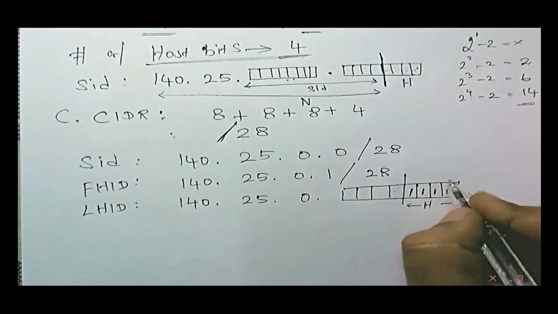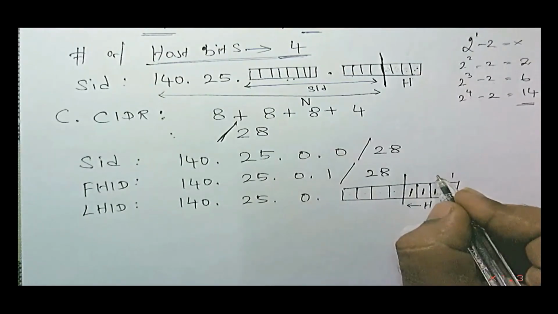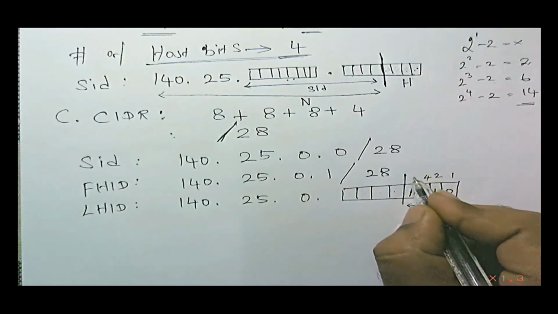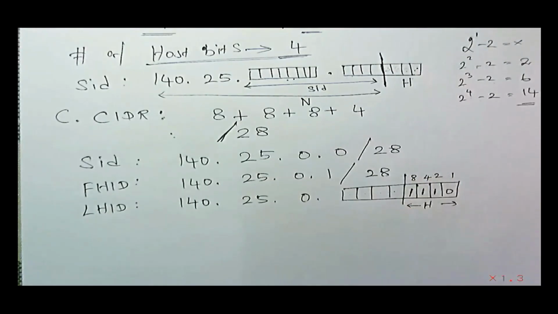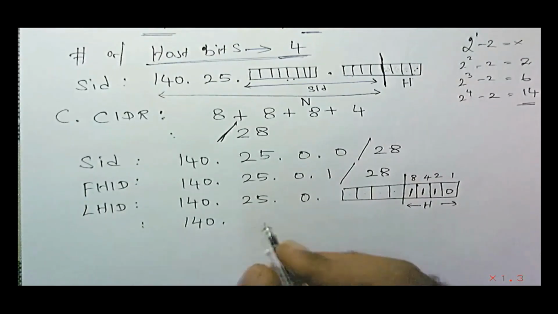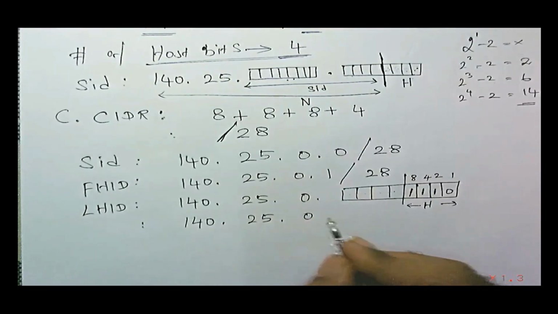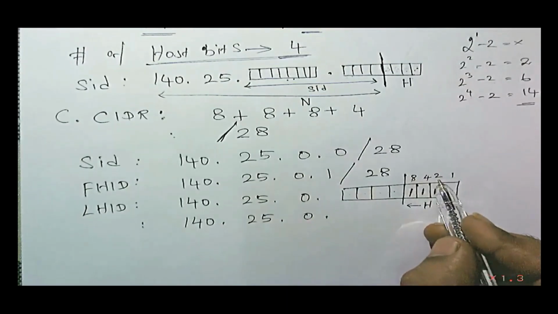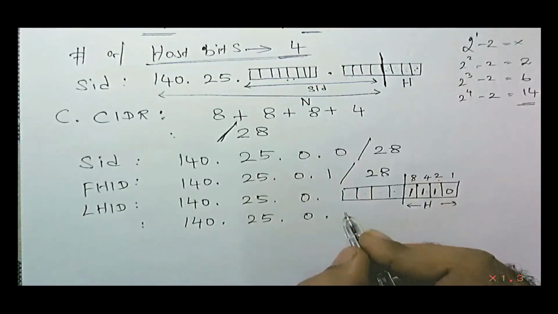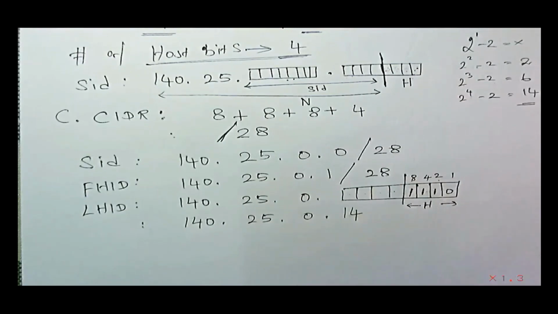So here 1, 2, 4, 8. If you apply the place value, it is 1, 2, 4, 8. So the last host ID is 140.25.0. So 8 plus 2 is 10, 10 plus 4 is 14. So 14 is going to be your last host ID.